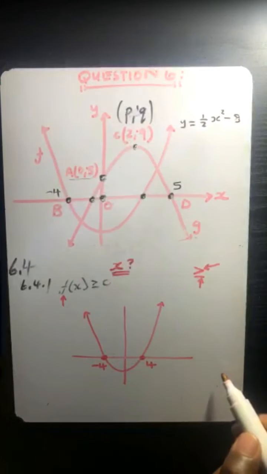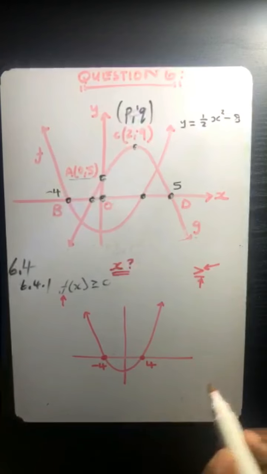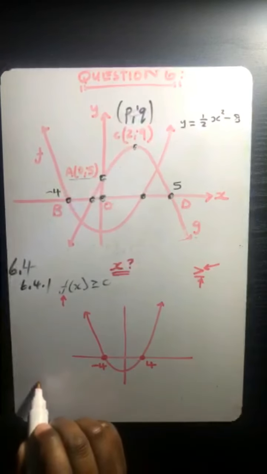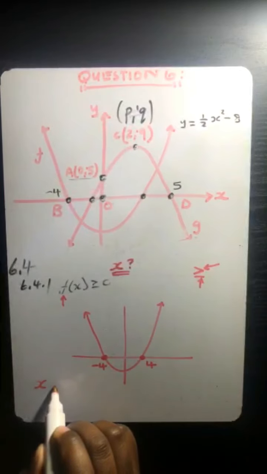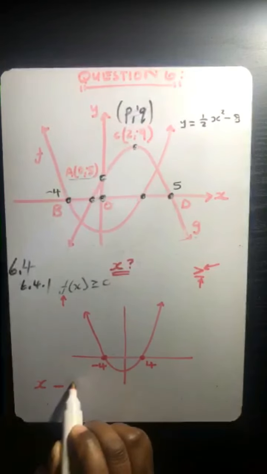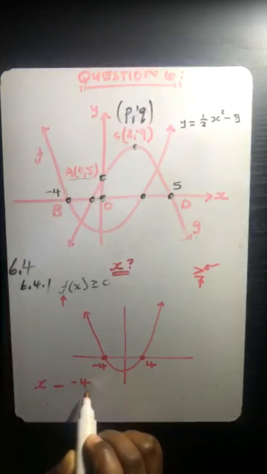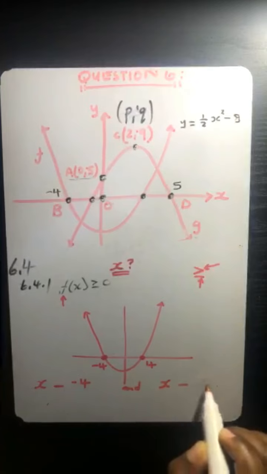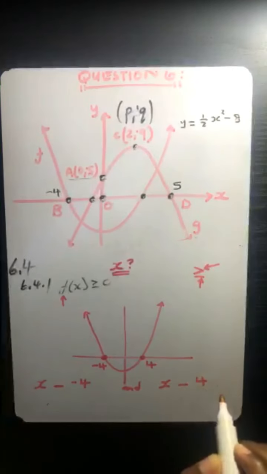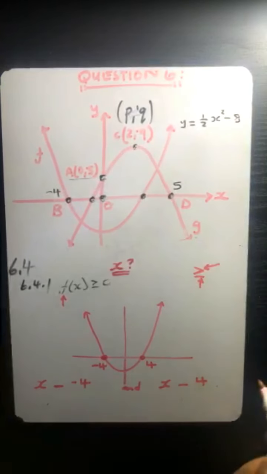So already we notice that where x is equal to -4, and also where x is equal to 4, that's when we have our f of x being equal to 0.